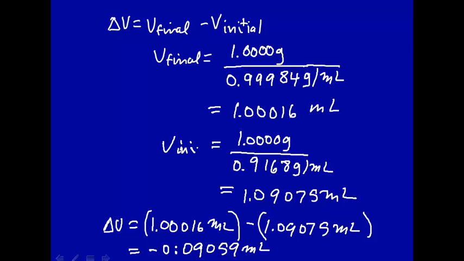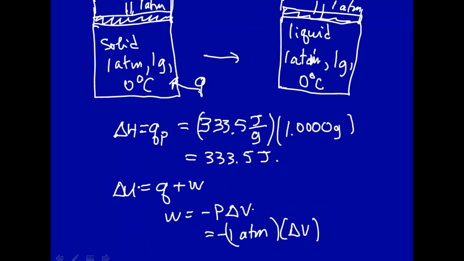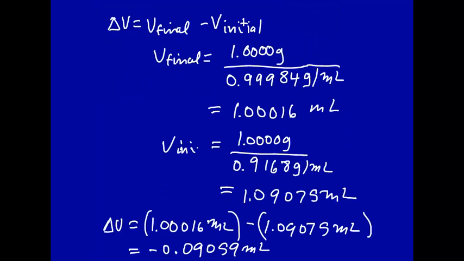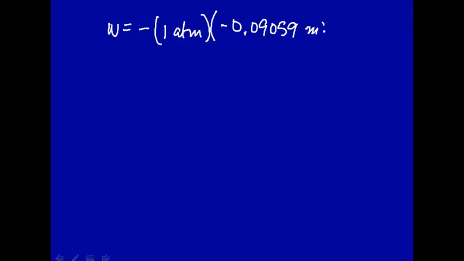So there would be a contraction in volume, as we guessed. And now to find the work, we take that volume change and multiply it by pressure and take that minus sign. So that work now will be minus the pressure. Everything was at 1 atmosphere. The volume change we said was minus 0.09059 milliliter.